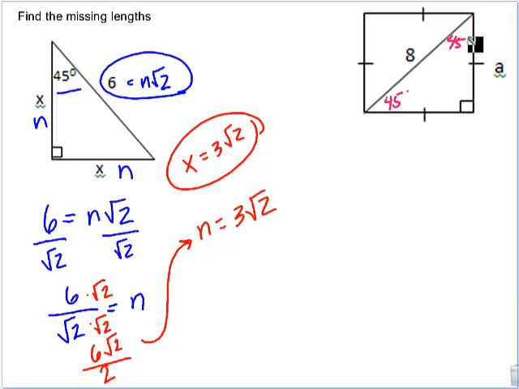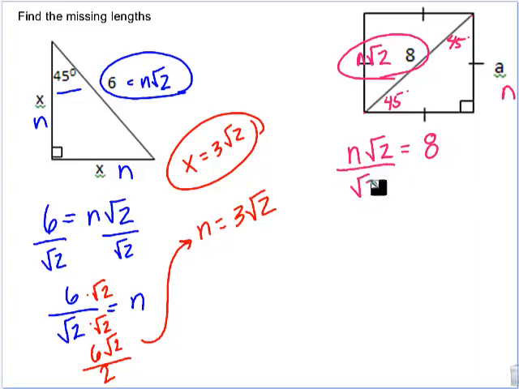Okay, so what am I going to label my side 8 as? Yep, my side 8 is going to be labeled as n square root of 2. What will my side A be? N. Okay, so I know my 8 side, so I know n square root of 2 is equal to 8. So I divide by the square root of 2.